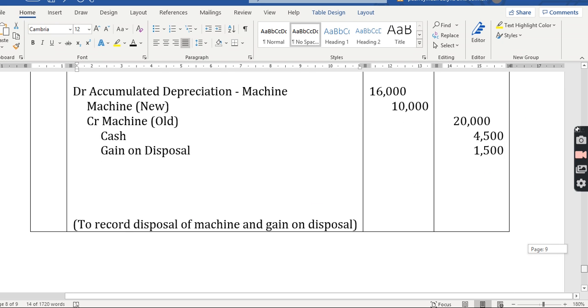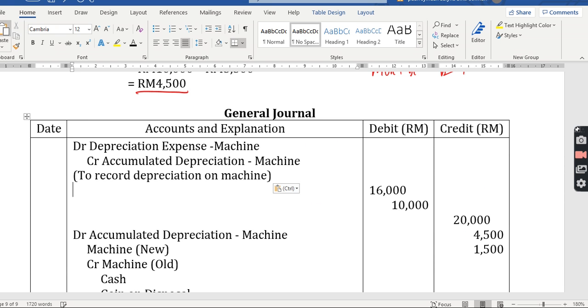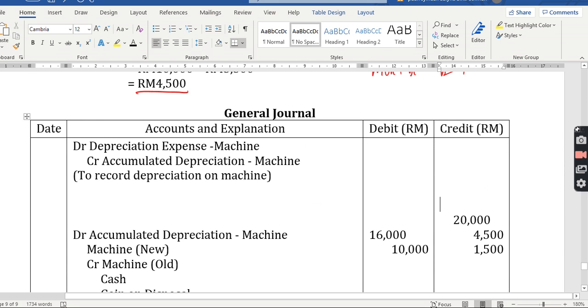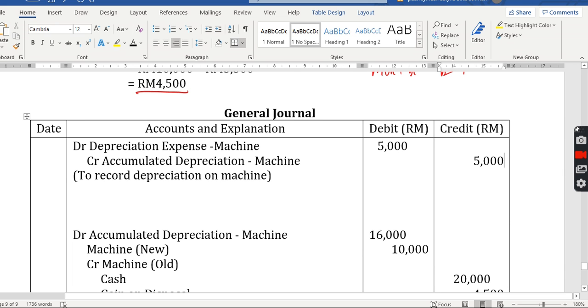So the first journal will be debit depreciation expense, and credit accumulated depreciation. The amount here is 5,000, because that is the depreciation for 1 year. Kenapa tak cari berapa bulan? Tak perlu, because disposal date ialah 31 hari bulan. That means you guna asset tu setahun, 1 full year.